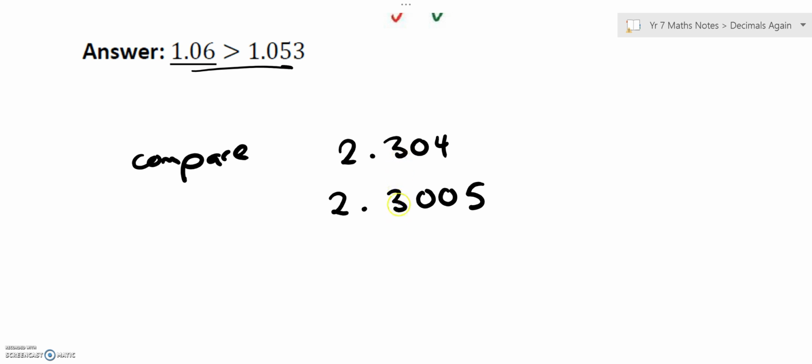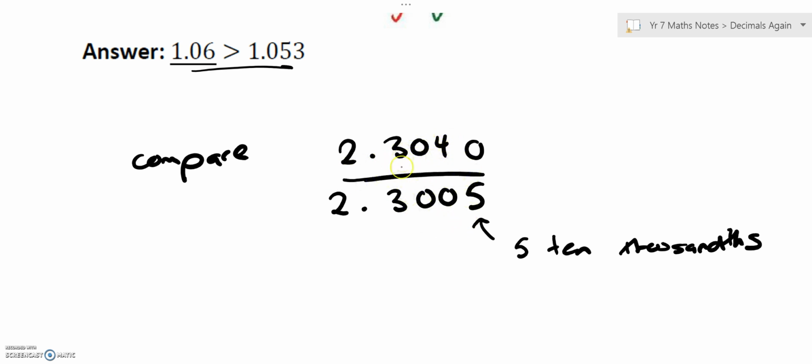So the 3 tenths are the same, 2 wholes are obviously the same, the 0 hundredths are the same. This guy has 4 thousandths, whereas this guy has 0 thousandths, and this thing here is 10 thousandths, and that's even smaller than thousandths. Okay, so by comparing each place value, we see that this is the bigger number because these are the same, and that's bigger.